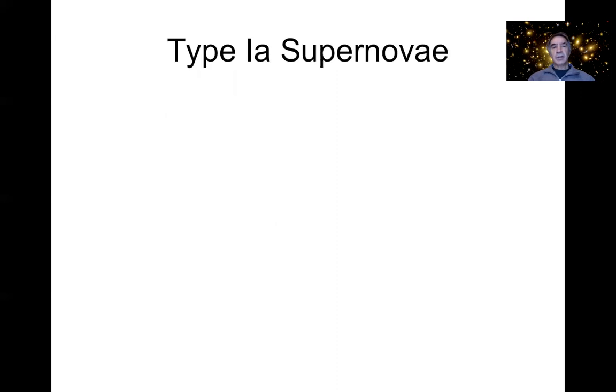As I alluded to in workshop 4, the Virgo cluster of galaxies is still basically the nearest cluster of galaxies. So if we want to go much further than that, we're going to have to find something other than Cepheid variables to do the job, because we're already at the limit for Cepheid variables.